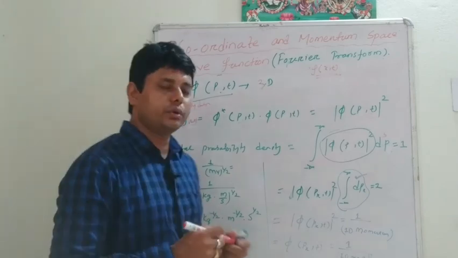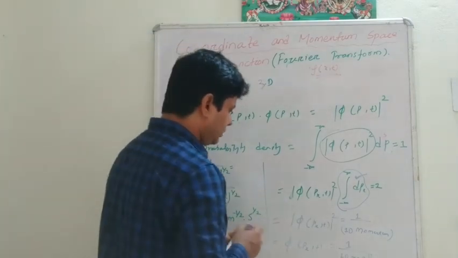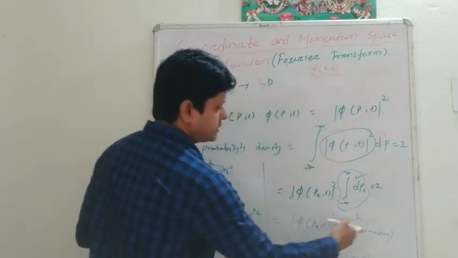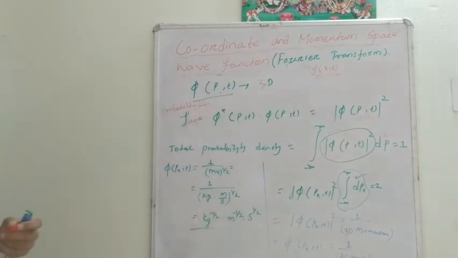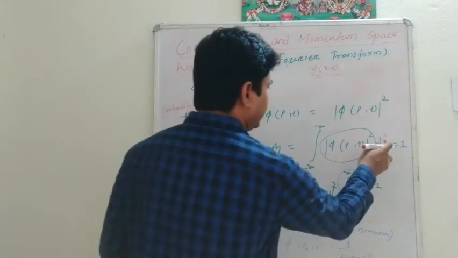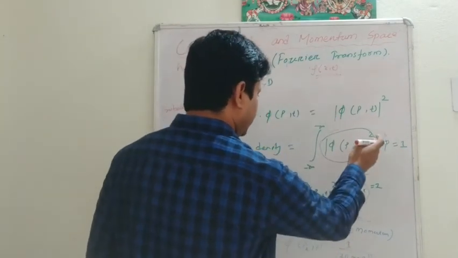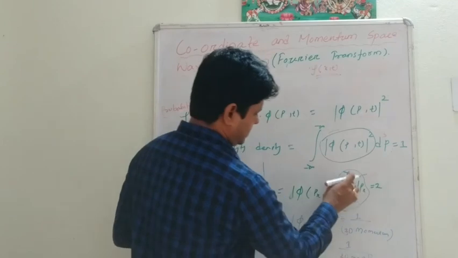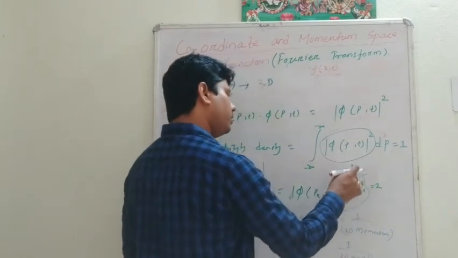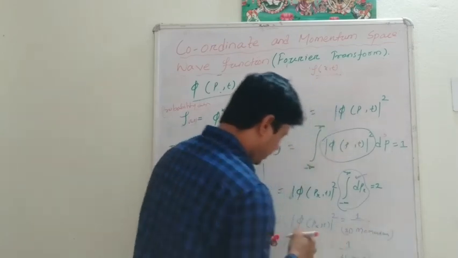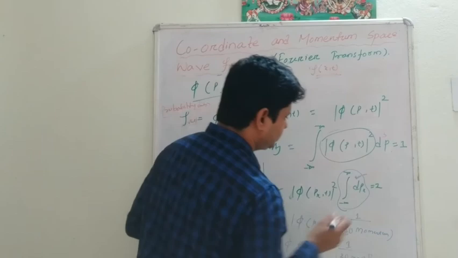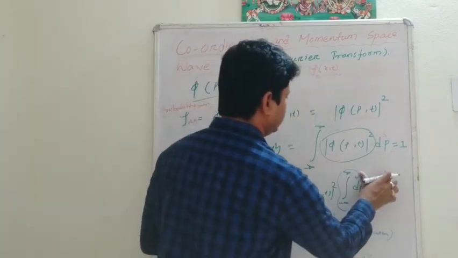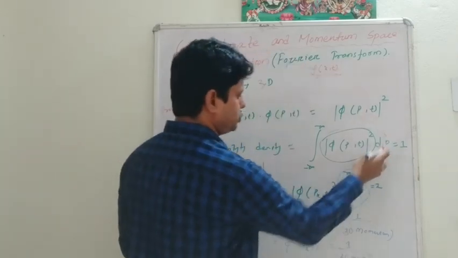Likewise, if we consider the unit and dimension, d³p means it is 3-dimensional momentum, so after integration it will be a function of momentum to the power cube, because here it is d³p.